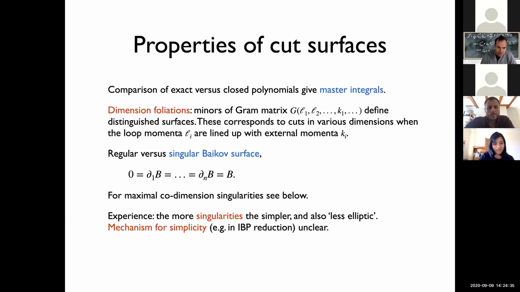Another important property of the Baikov surfaces is its singularities. The singularities are given by the locations where the Baikov vanishes and all its derivatives with respect to the ISP variables vanish. These singularities are interesting in the context of computing leading singularities. When we compute a leading singularity of an integral, we typically look for these isolated singular locations, so understanding these singularities of the Baikov is particularly important.